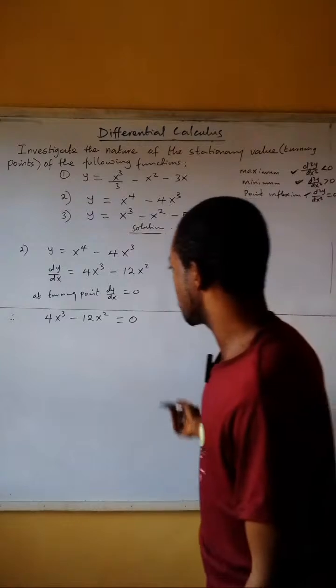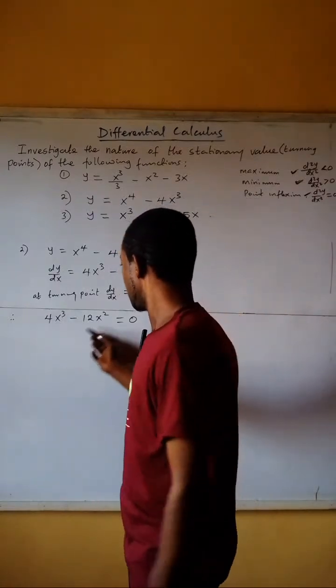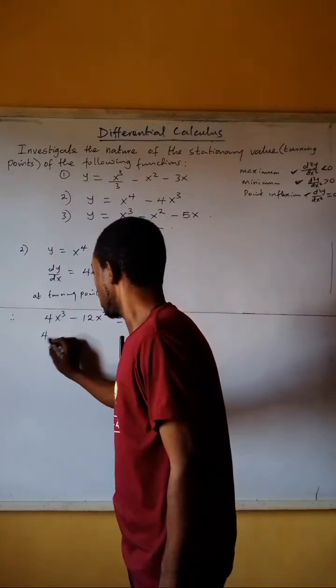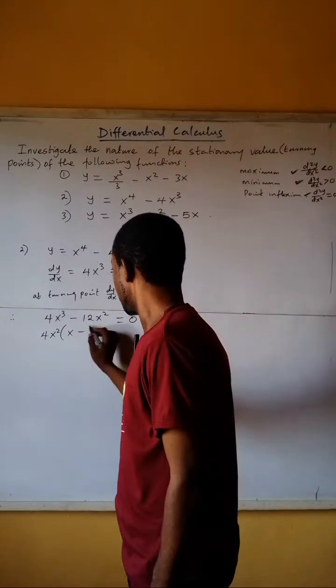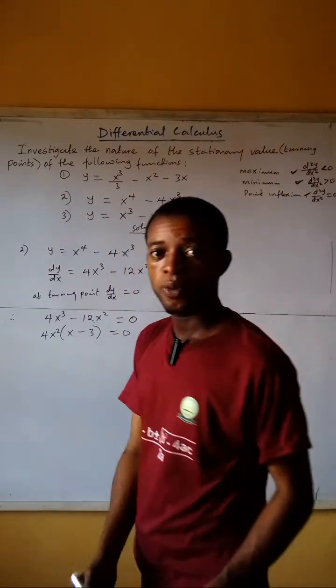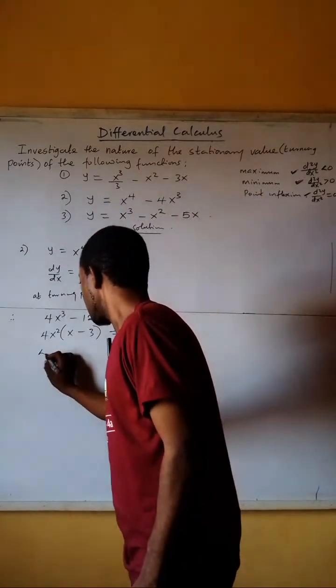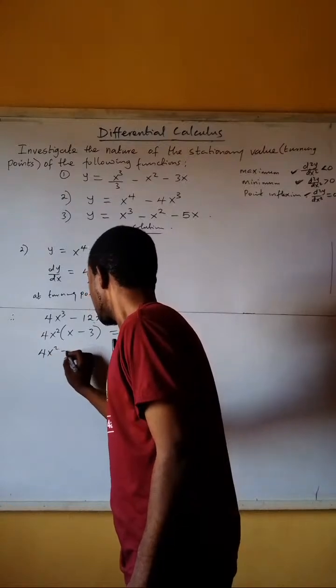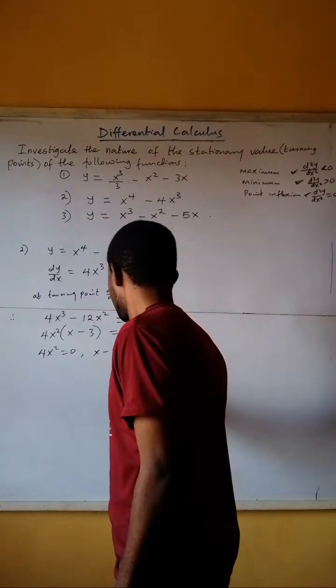Then solving this equation, we can factor what is common. 4 is common, x squared is common. That means 4x squared out. Then here remain x minus 3 equals 0. Now, these two multiply. Either of them could be 0, so we can say 4x squared equals 0, or x minus 3 equals 0.